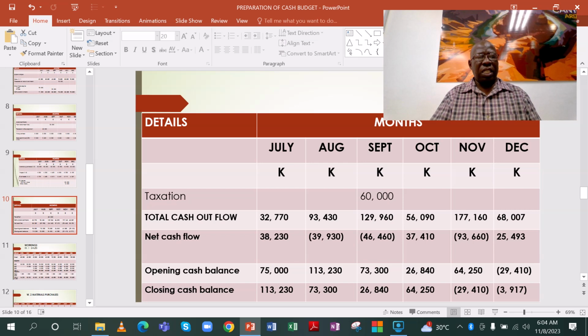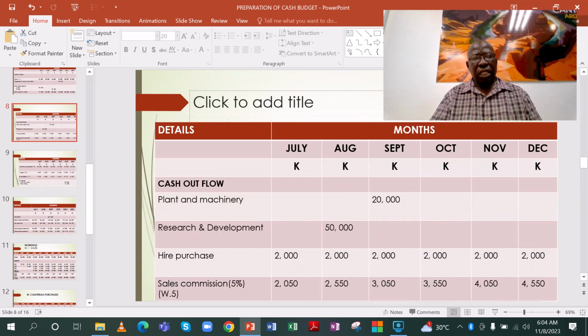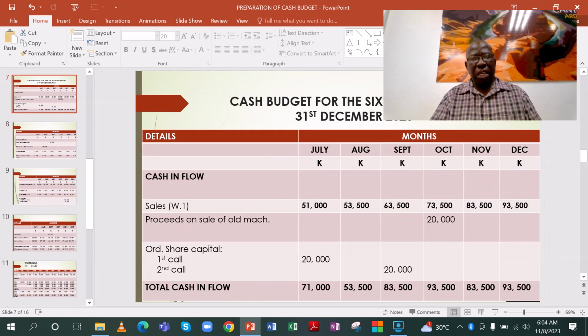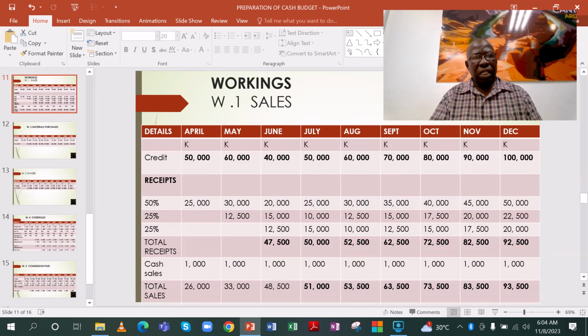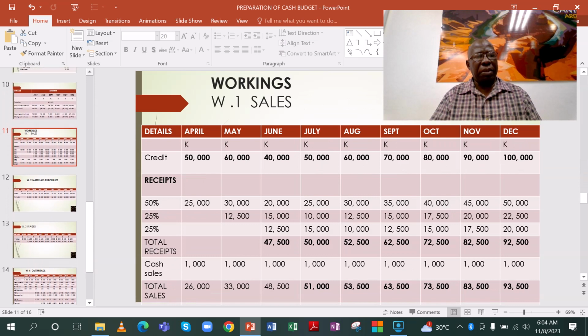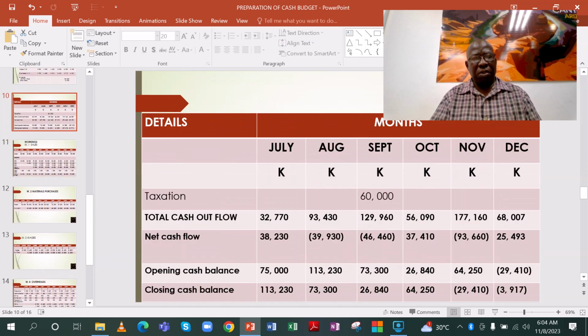If you check, in this particular case, we have cash inflow in July, which is 71,000 total cash inflow, and compare it with the cash outflow in July. Total cash outflow in July is 32,770.